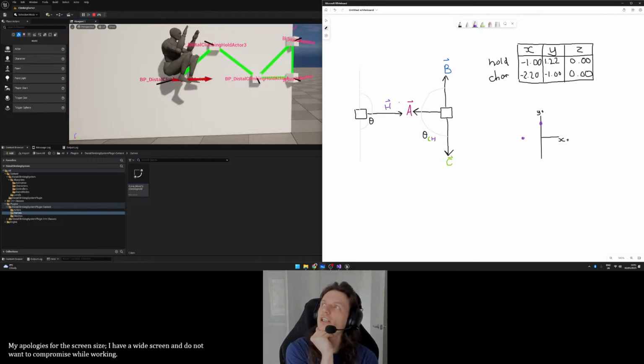Is the z irrelevant? The z is irrelevant because I will always be reaching rather than rotating, so I think it's irrelevant in this case.